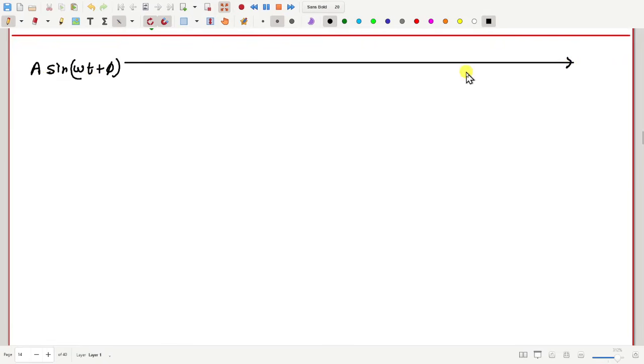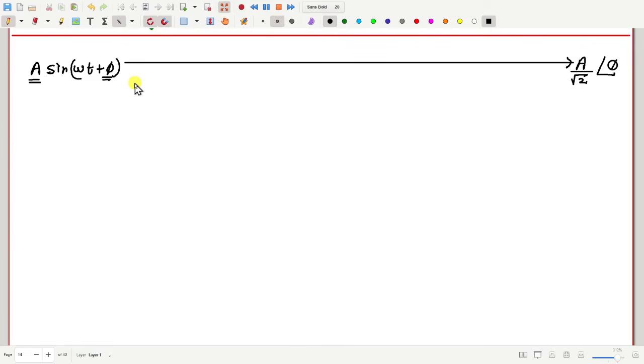We said a shorthand notation of representing this is just to write the number A by root 2 and the angle phi as a complex number, because this function has essentially two parameters, A and phi. This complex number also has two parameters. So you can think of this as a shorthand secret code to represent or encrypt this function as a number.